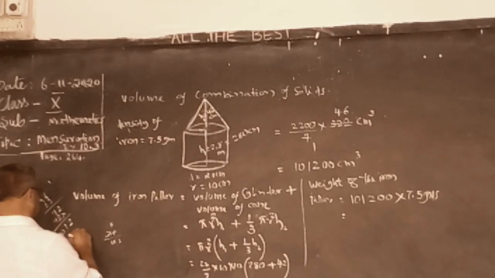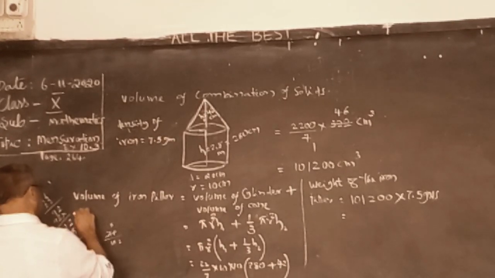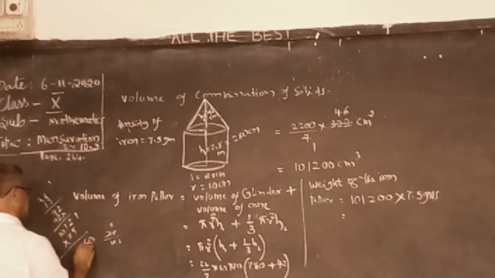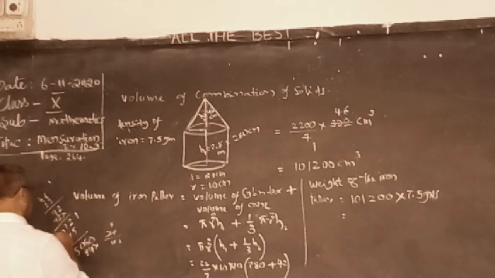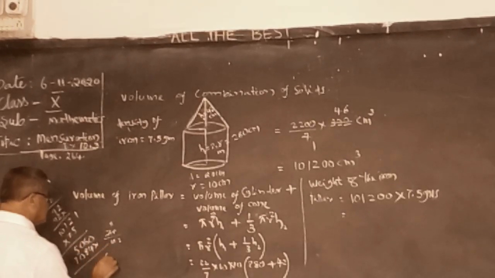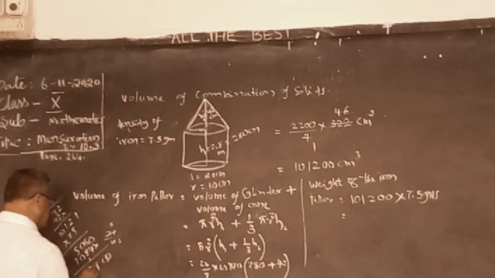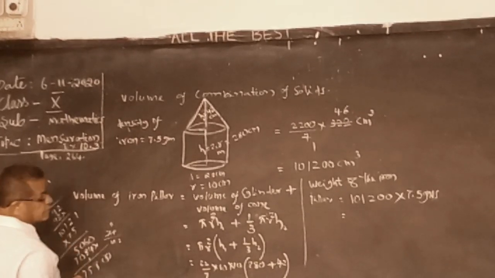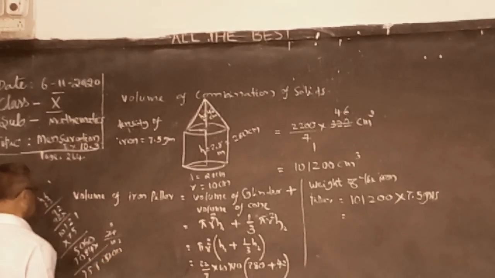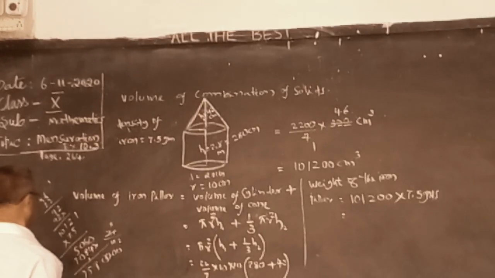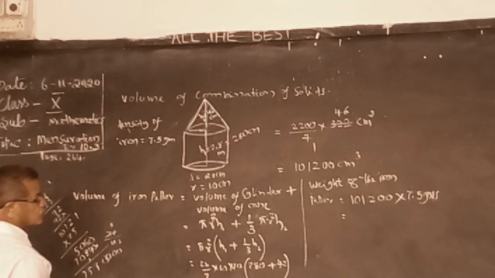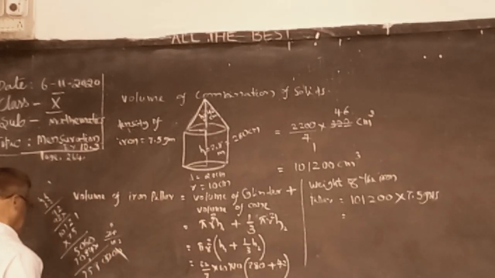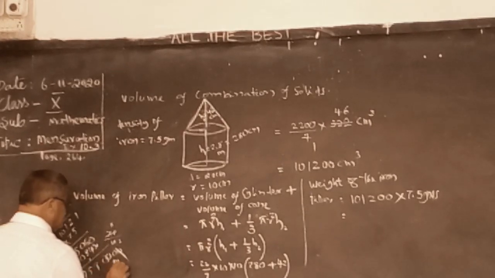1012 is multiplied by 7.5. Multiplying, the decimals cancel, and these many grams.